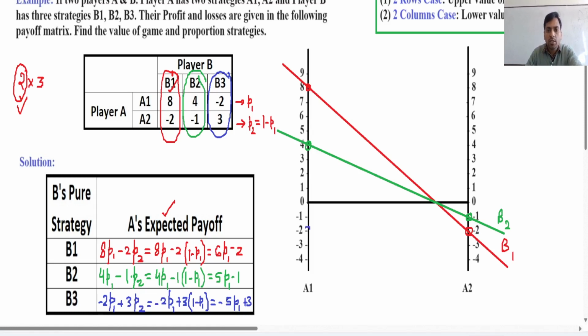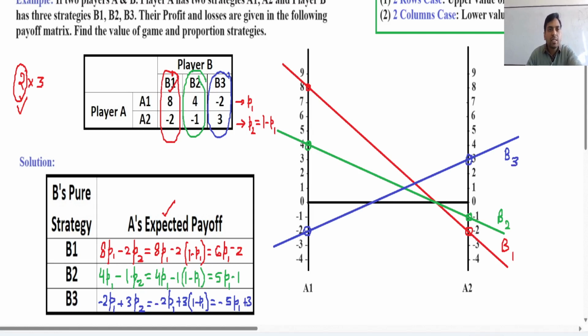So this location is minus 2 and this second A2 is 3. So this second location is this 3. Now again we will match. So on matching this is strategy B3. So this is the construction of the graph.